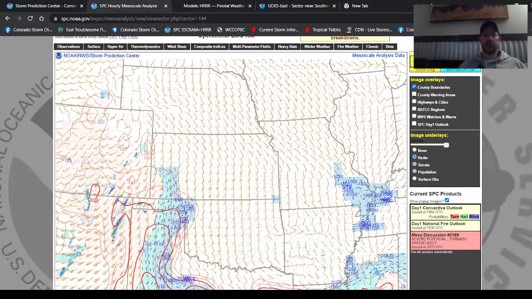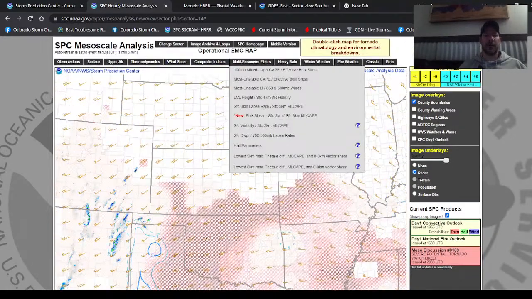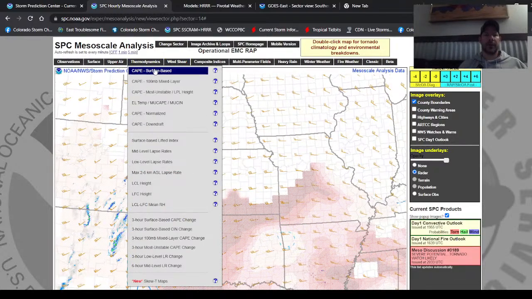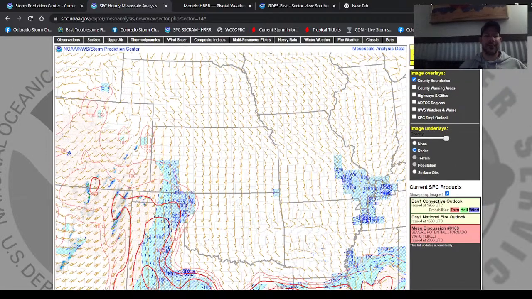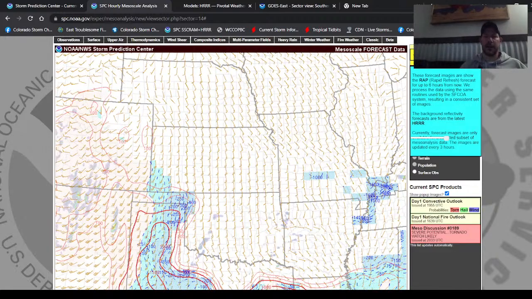So if we start looking at some of the potential, which we look at in CAPE here, you can see we have some places where we're starting to get 1,000 to 1,750 joules of CAPE. So we're starting to see some enhancements here in our instability.